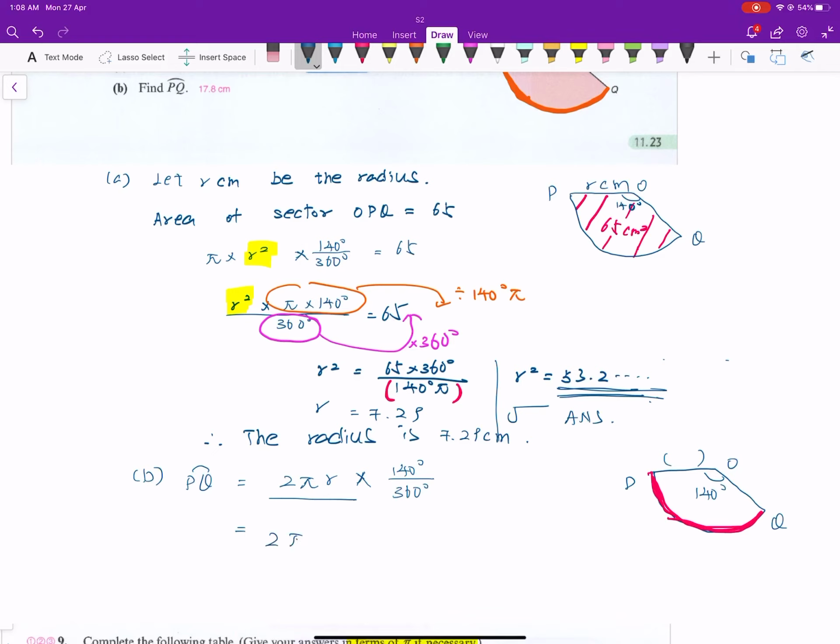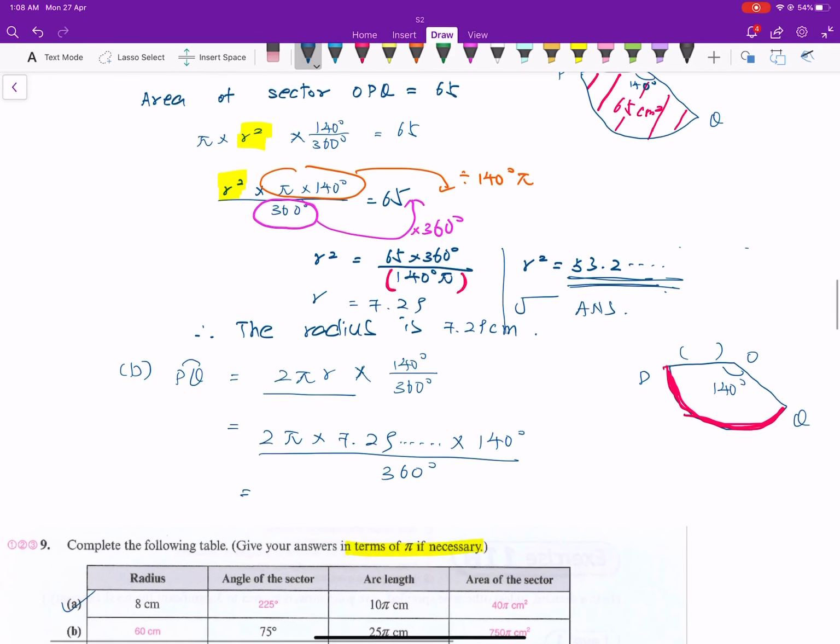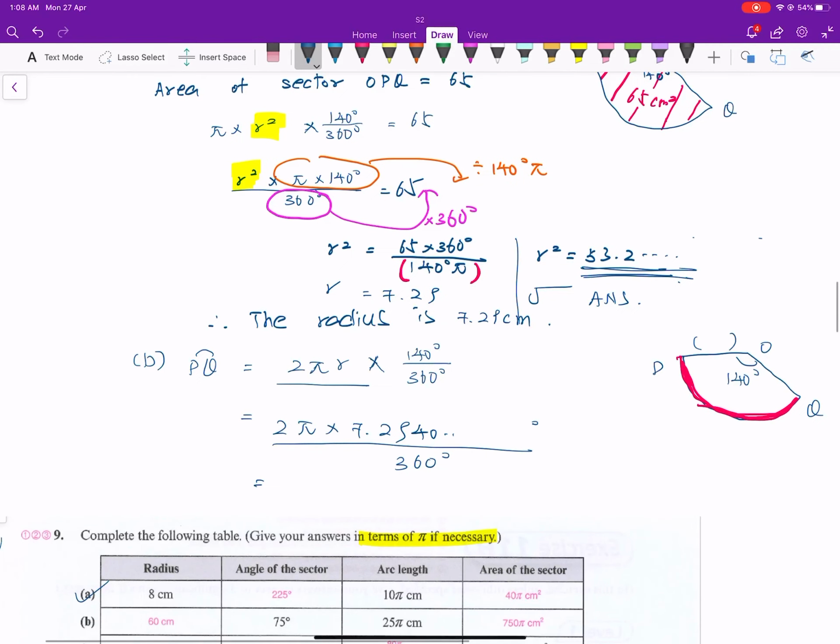So now, the r we look for is 7.29. For this one, don't forget to use the original value in the calculator, 7.294005. So don't forget to use the original value of the calculator to avoid error in the final answer.